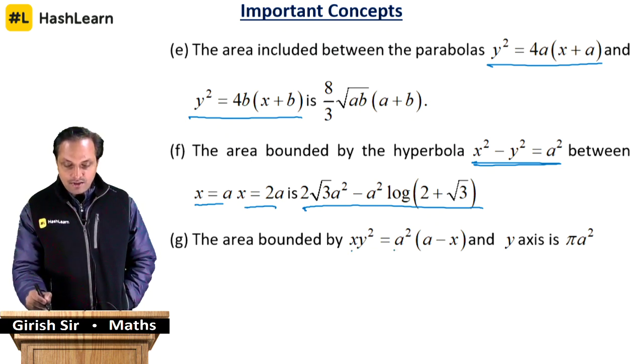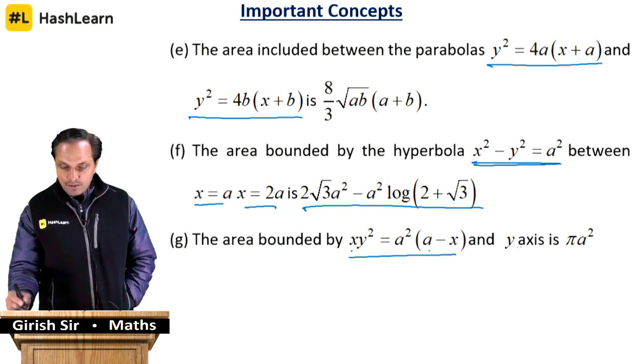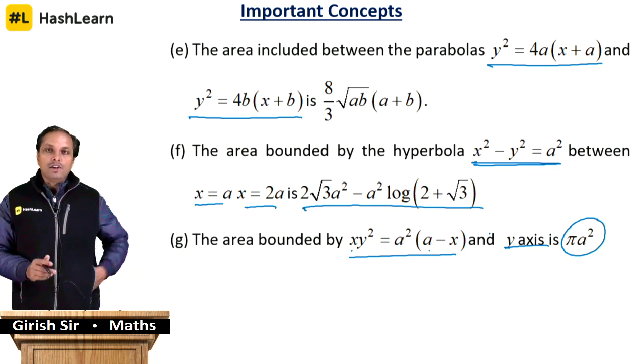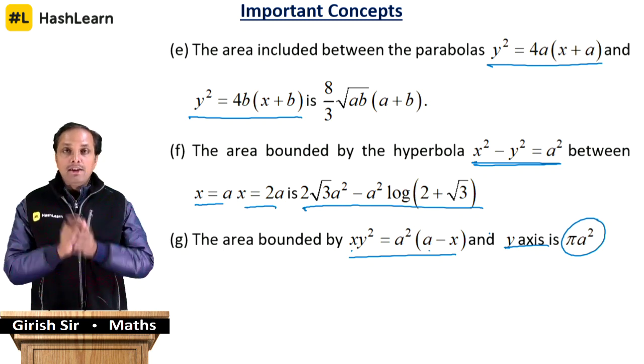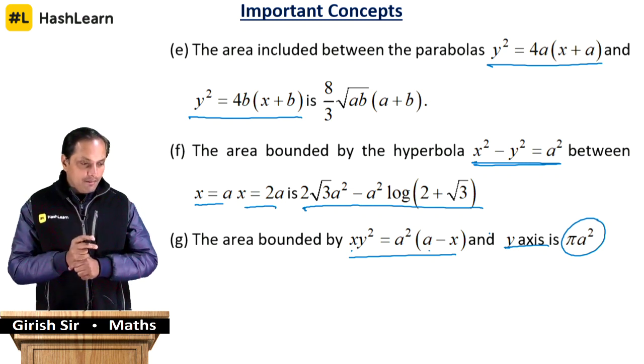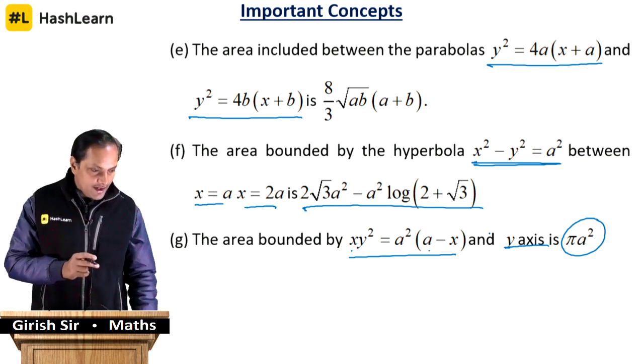And xy square is equal to a square a minus x, this is also a parabola with y axis pi a square will be your area. So ये जो भी standard formulas है ना, if you are getting the equation in that particular form, you can directly make use of that and get the final answer.